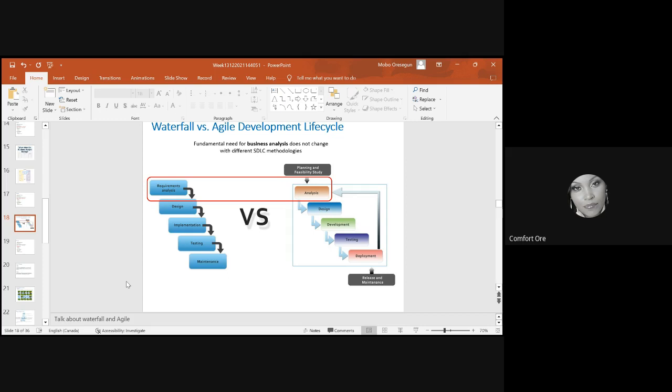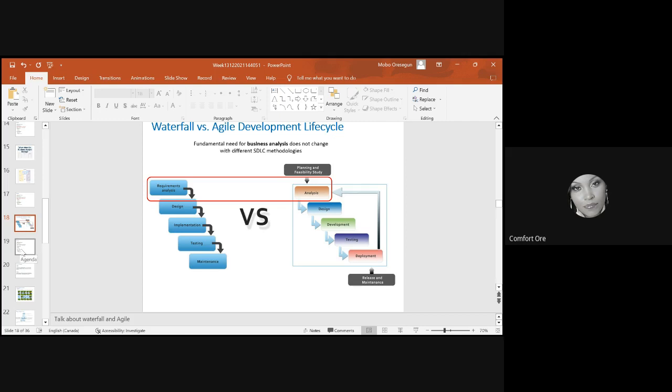But what I'm saying is that for every organization that I've worked at, it's a combination of both, waterfall and agile. Although a lot of organizations, especially in tech, are moving towards an agile environment. I'm just saying that I haven't experienced one. I'm not saying they don't exist.